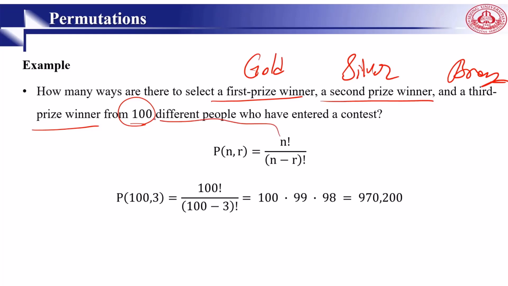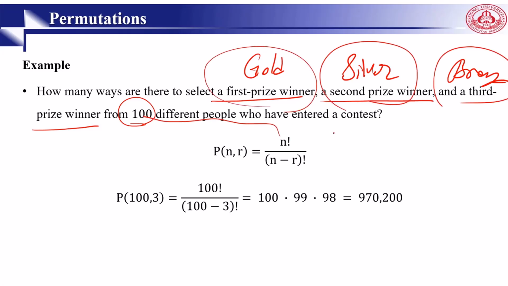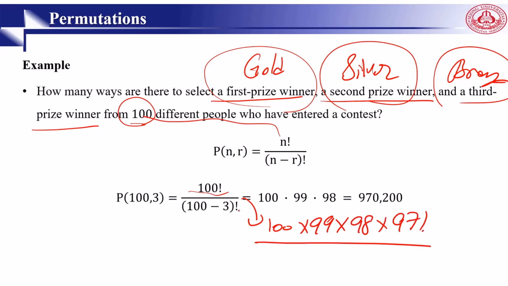What is n? 100. What is r? 3. So 100 factorial divided by (100 − 3) factorial, which is 97 factorial. So this is 100 × 99 × 98, and that is the result.